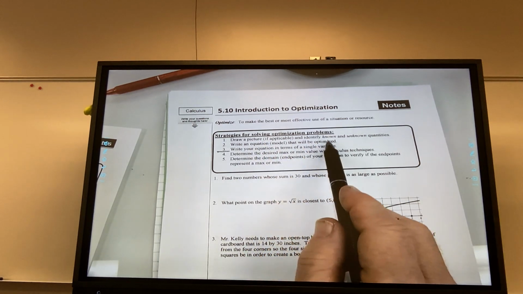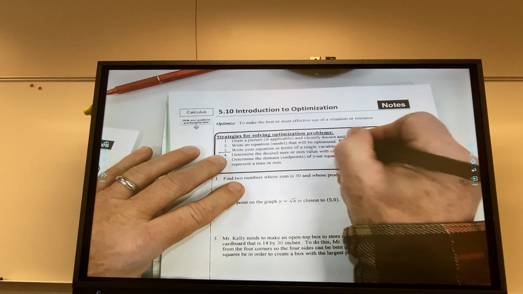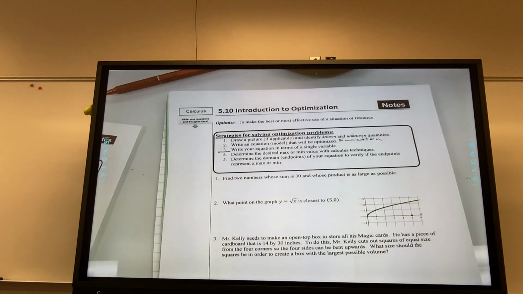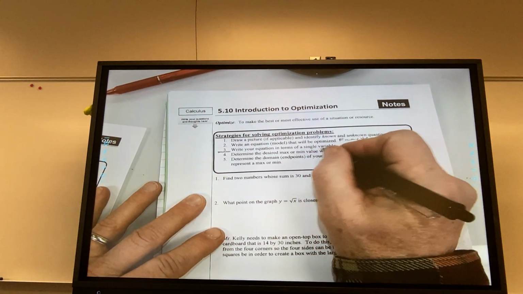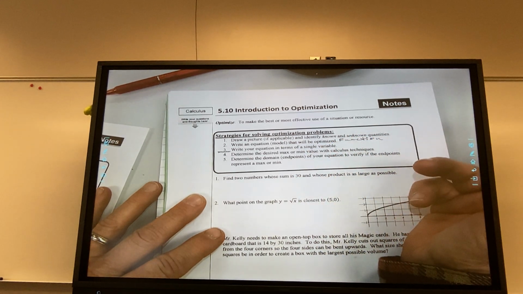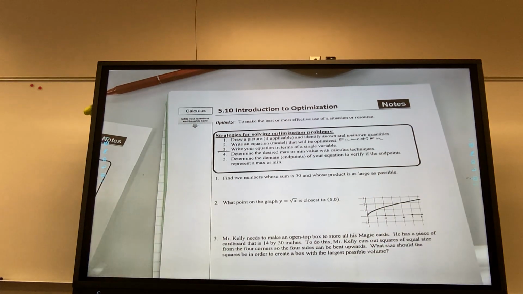You're going to write an equation that's being optimized. This is going to be your function. And then you're going to have another equation that you use to get this function in a single variable. There isn't going to be two variables. You're not going to be doing the product rule, okay? Unless you have two different functions or something like that.